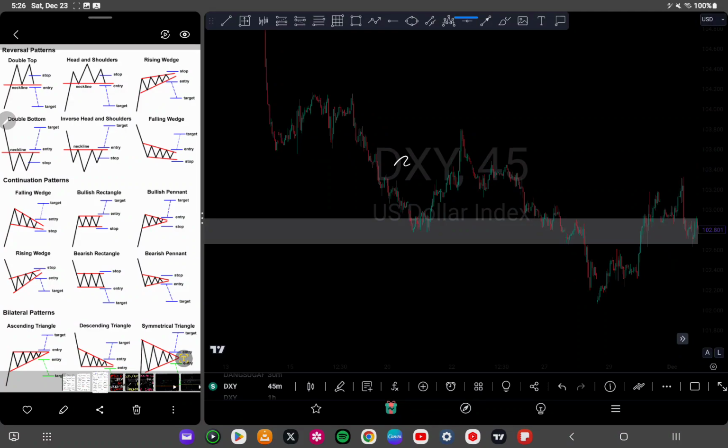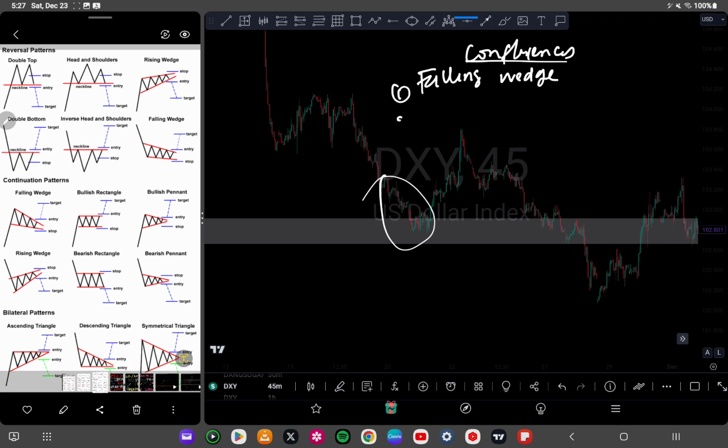So taking this trade now, I see the falling wedge. That is number one confluence. Second one is on a key zone or area. That is confluence number two.